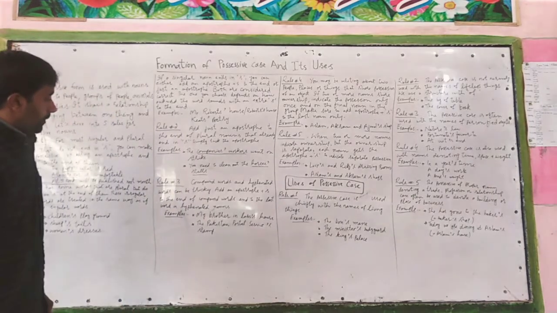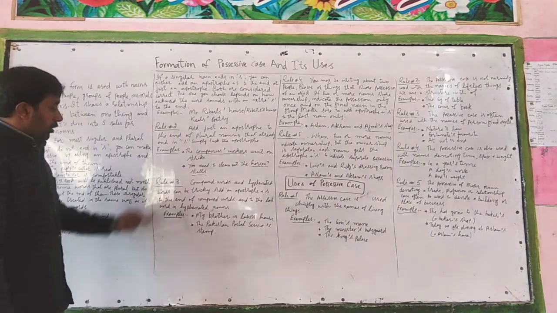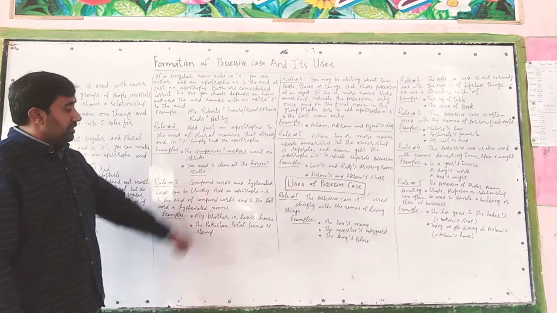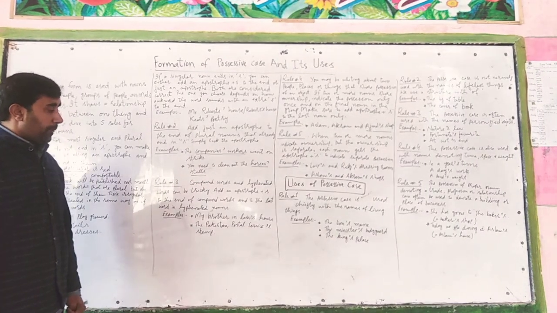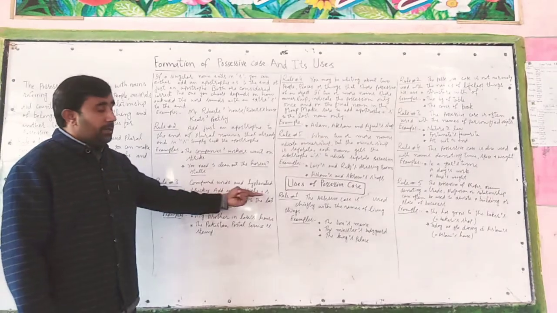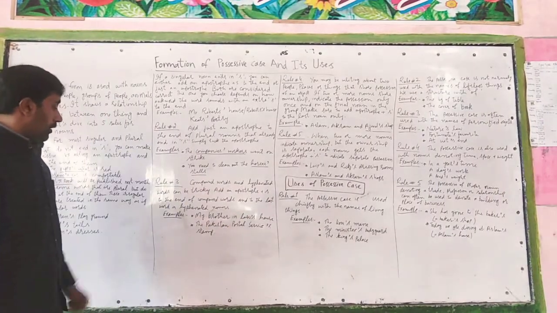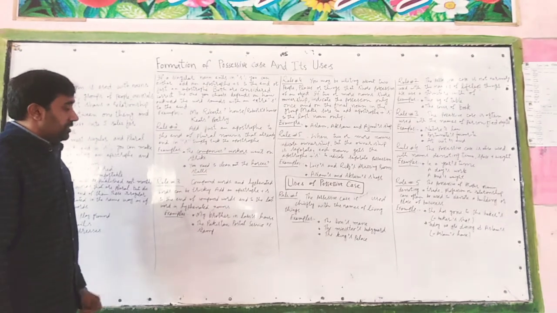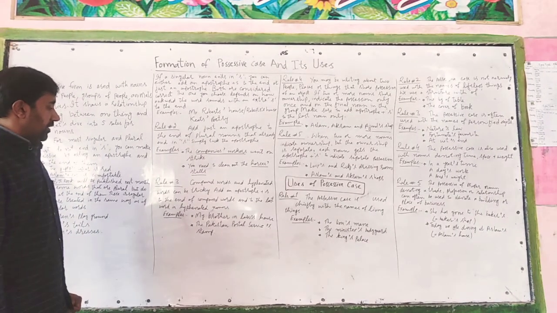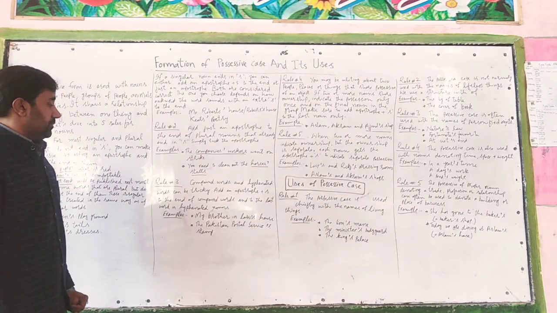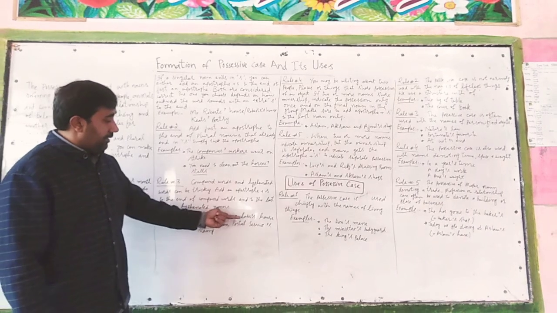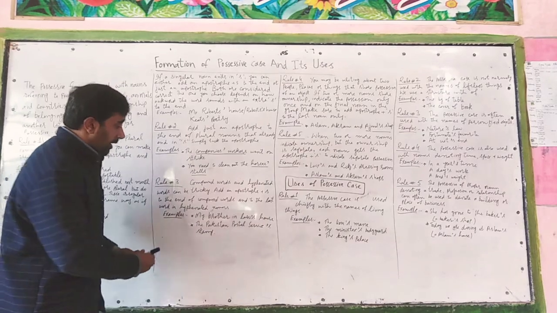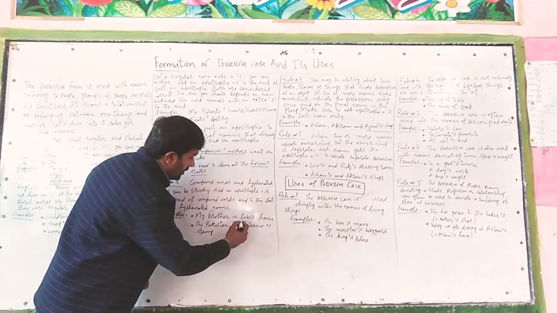Rule number 3. Compound words and hyphenated words can be tricky. Add an apostrophe plus s to the end of compound words and to the last word in hyphenated nouns. For example, my brother-in-law's house.